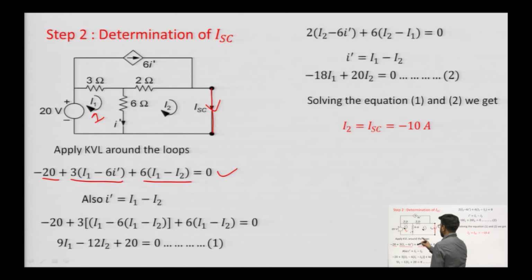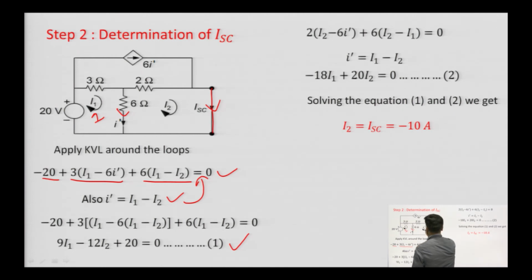Also I dash will be equal to I1 minus I2, because the current flowing in here is I dash. Putting this into this equation, we will get the value as this one.